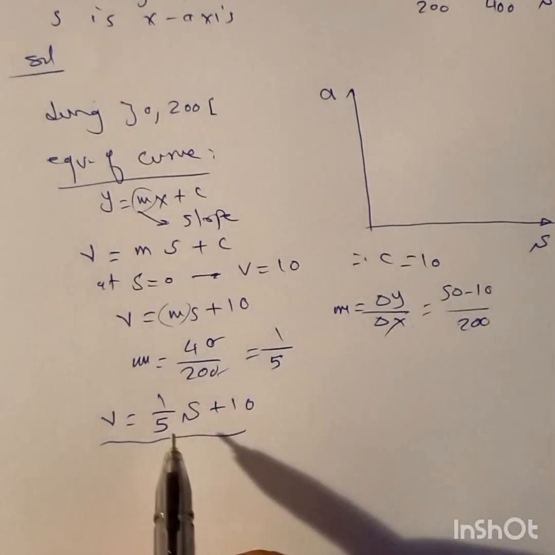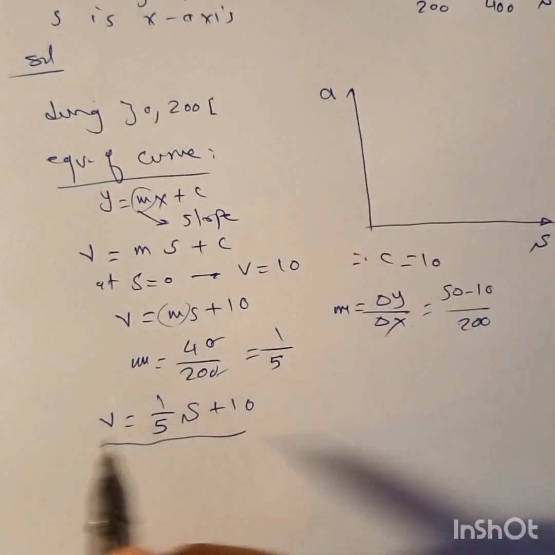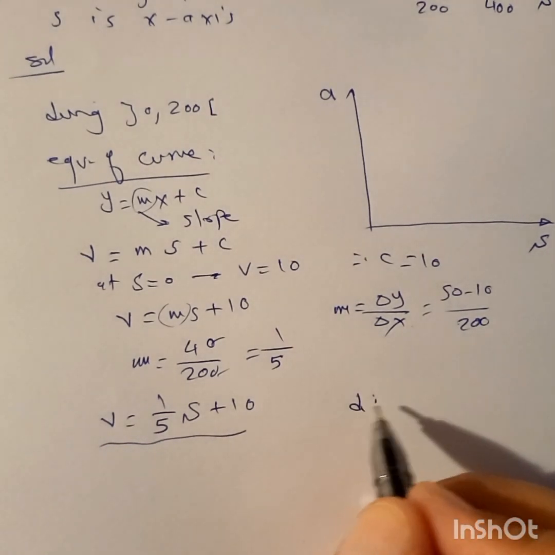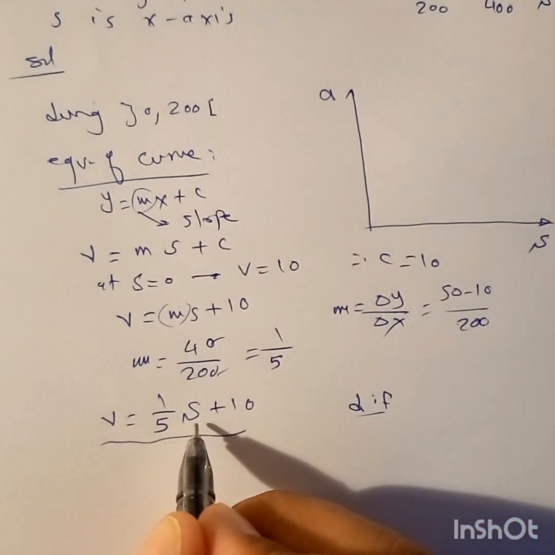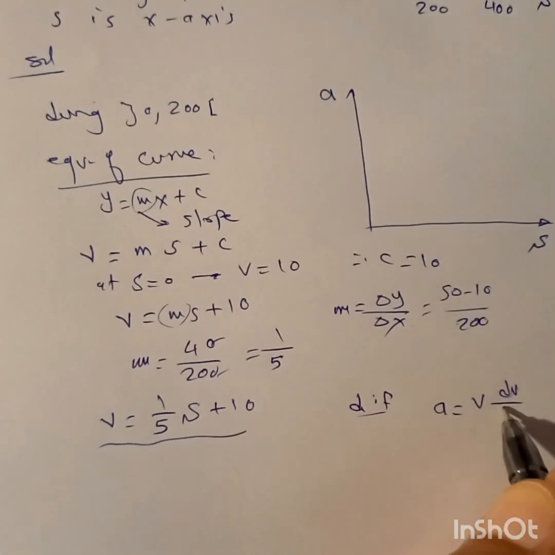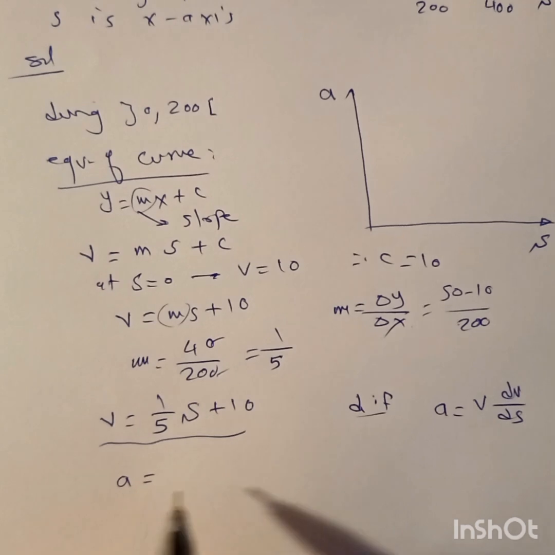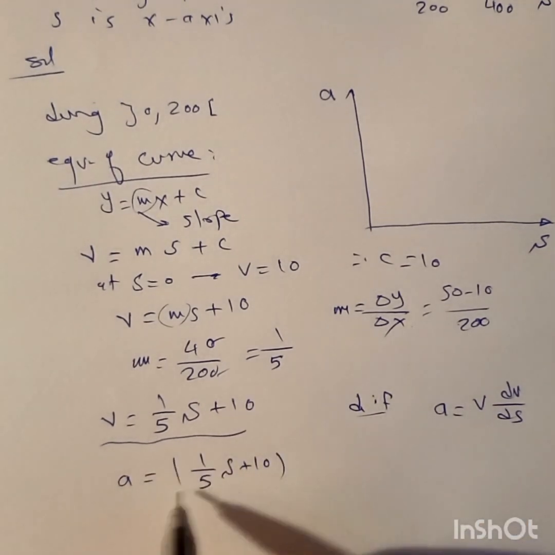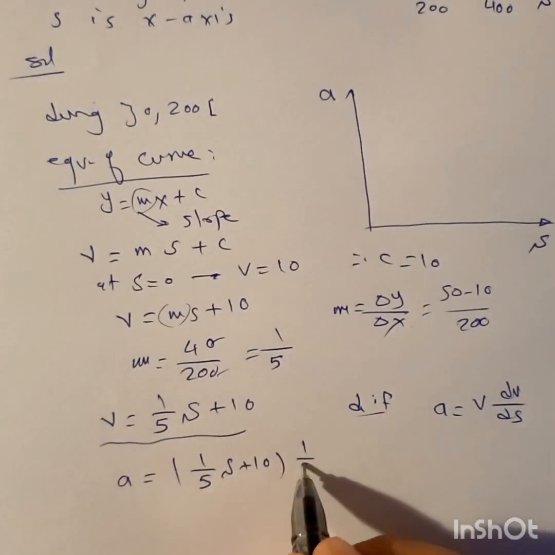Okay, then we have to convert this equation to a relation between acceleration and displacement, by differentiation. Or since we have velocity as a function of displacement, we can use acceleration equals v dv ds directly. Then here we have acceleration equals v, which is 1 over 5 s plus 10, times dv ds, here equals 1 over 5.